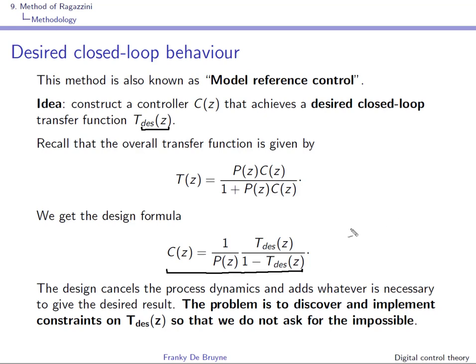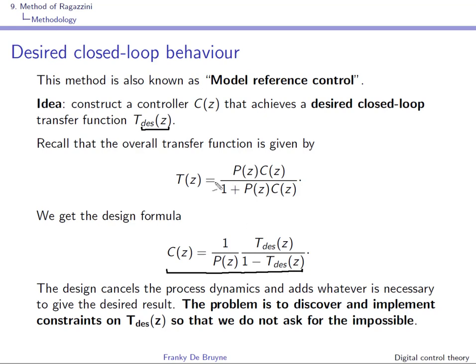The only thing that you have to think of is that there are constraints as far as the causality of the controller is concerned, right? You have to prevent unstable pole zero cancellations, and you have to make sure that this desired transfer function has a unit static gain.